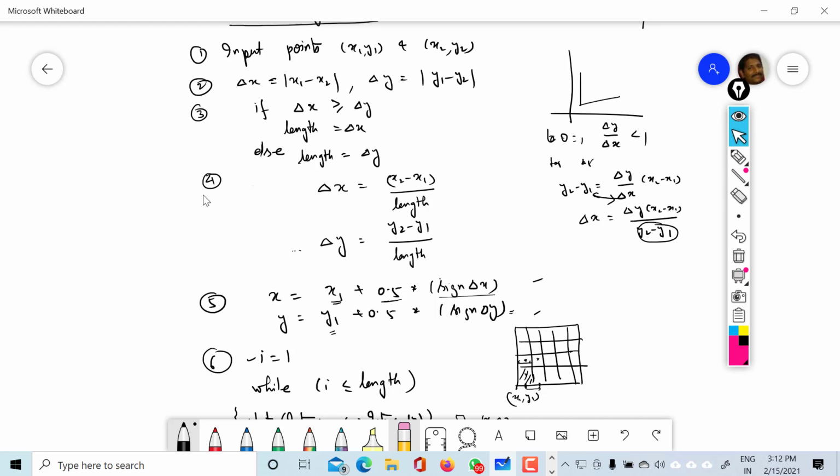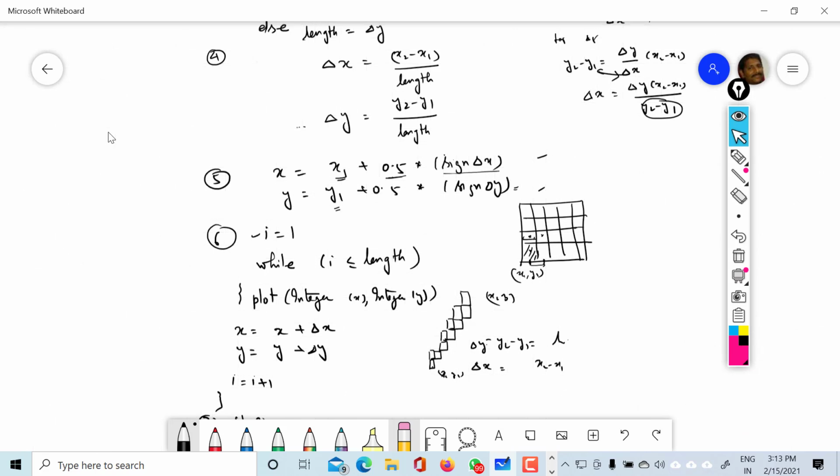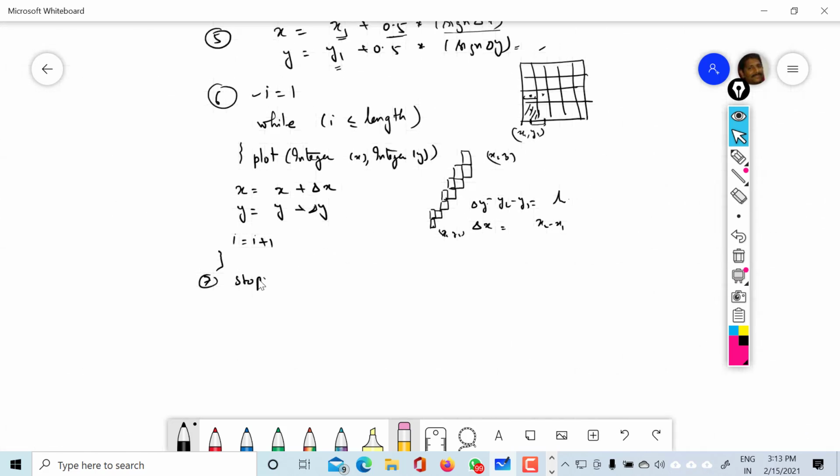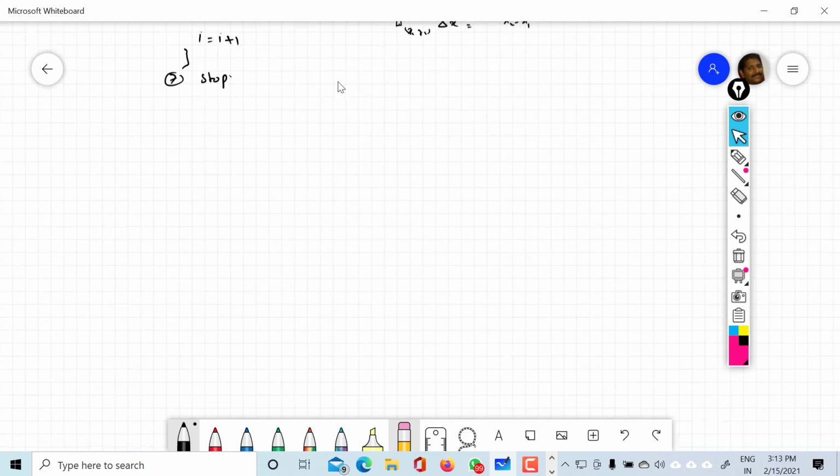In the fourth step, we will calculate the value of delta x and delta y by using this formula. Now by using the equation x equal to x1 plus 0.5 delta x, you can calculate the next value of y. This is one step, and it will be iterated into several steps by using the loop which I have discussed in step number 6.